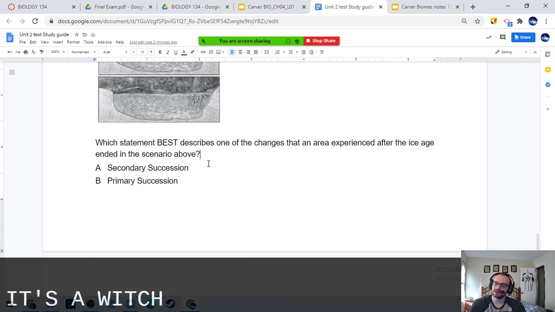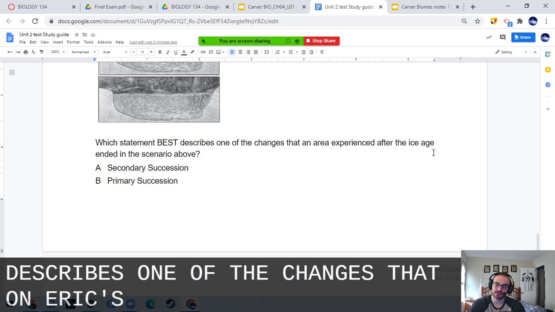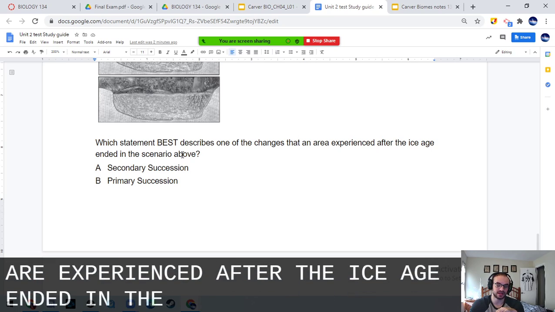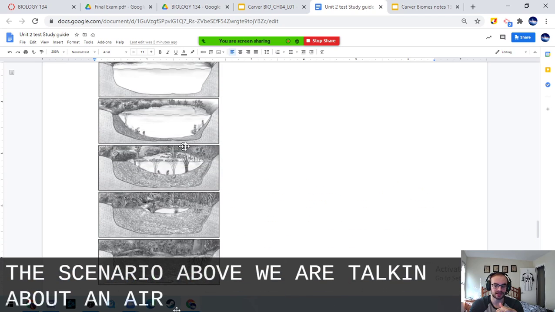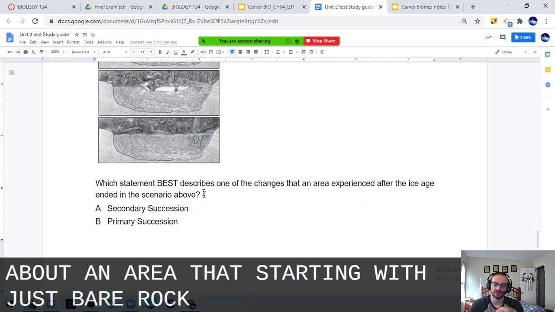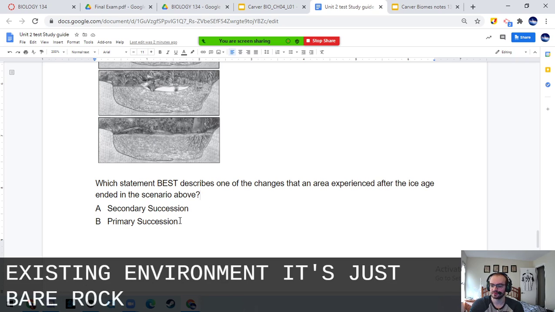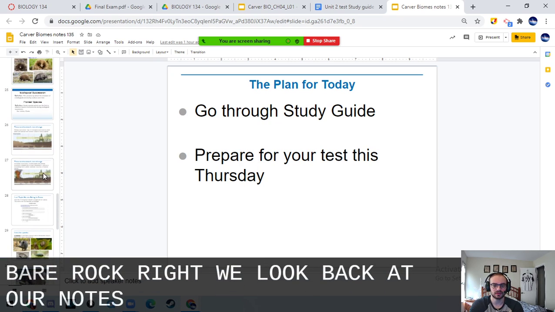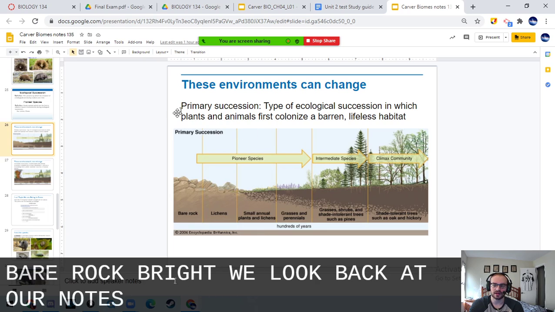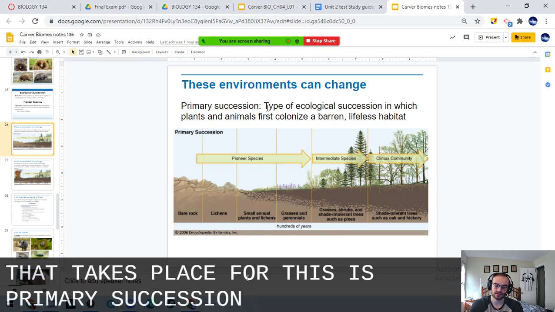All right, so which statement best describes one of the changes that an area experienced after the Ice Age ended in the scenario above? In the scenario above, we are talking about an area that's starting with just bare rock. No soil, no pre-existing environment, it's just bare rock. If we look back at our notes, the type of succession that takes place for this is primary succession.